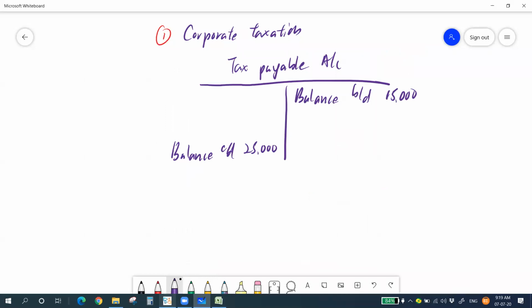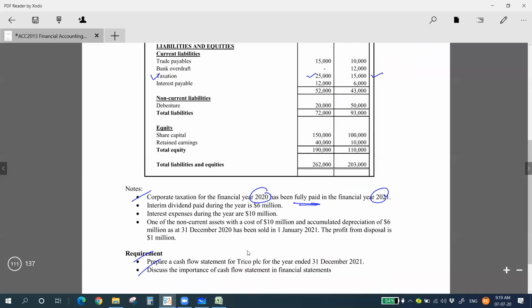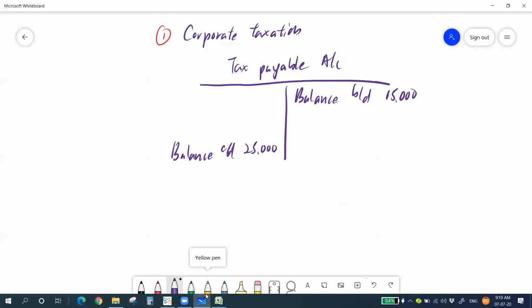So in this requirement, what does it say? 2020 taxation has been fully paid in 2021. So we take a look in our ledger. In the ledger, we know that tax payable, normally this year's income tax, we will only pay next year. It means that this 15,000 is which year's taxation? This is 2020 taxation.